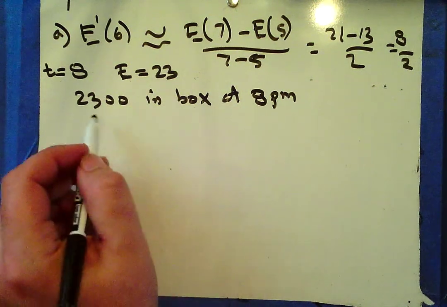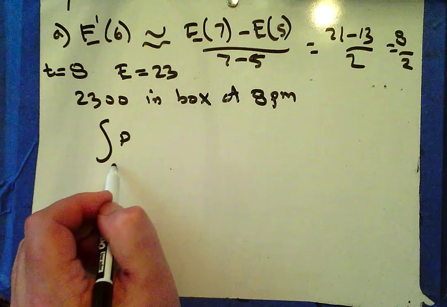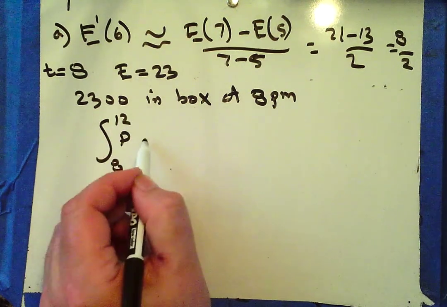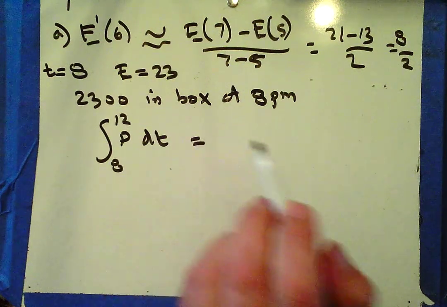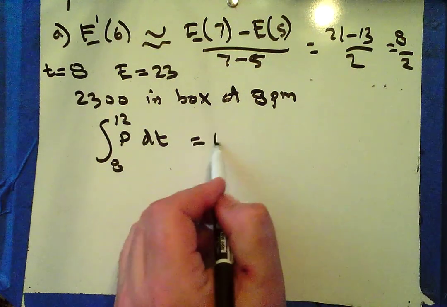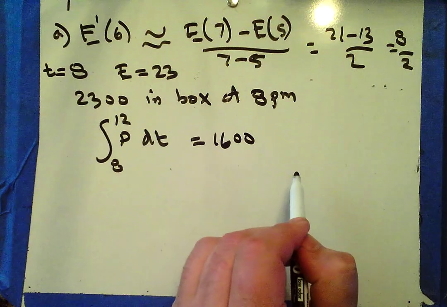And now they start processing. So we integrate that rate from 8 to 12, and we figure out what we get there. I got 1600 when I did that.